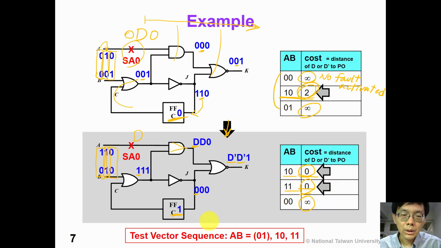Now, in summary, for this sequential circuit, we generate 3 test patterns. 01 is generated in the initialization phase, and the 10 and the 11 are generated in the concurrent fault detection phase.